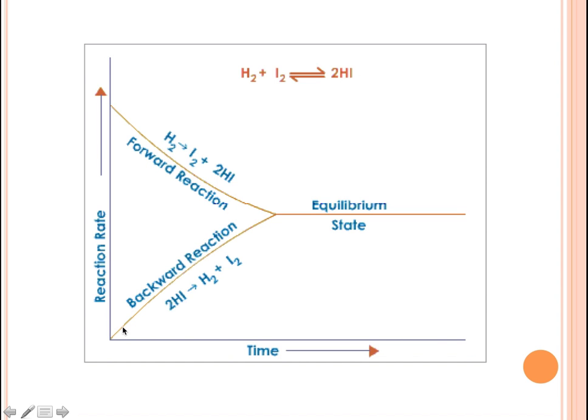HI starts with a reaction rate of 0 because we don't have any, but as we start making some, its reaction rate increases until we get to the point where those two reaction rates are equal to one another. Now they could be equal somewhere in the middle, it could be equal down here, it could be equal up there. We don't know, we just know that they're equal to one another.